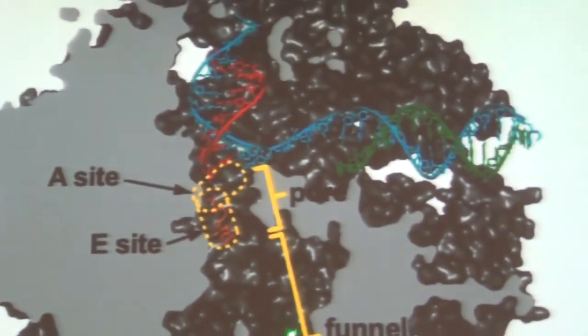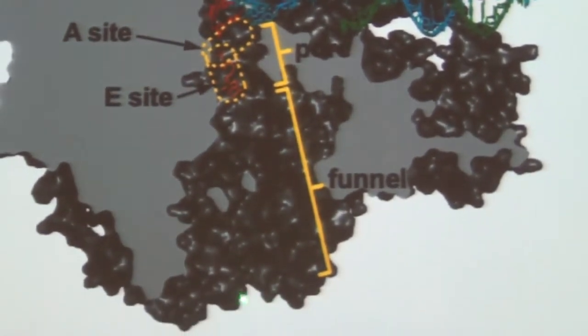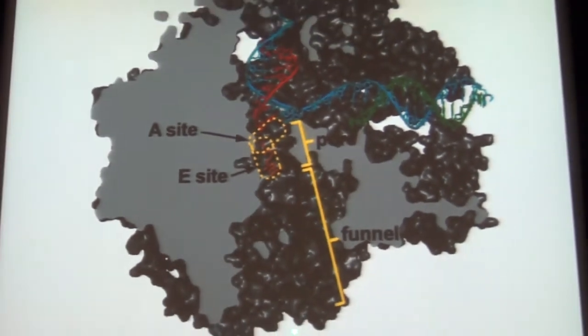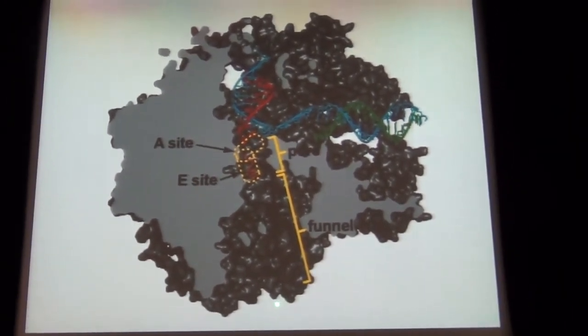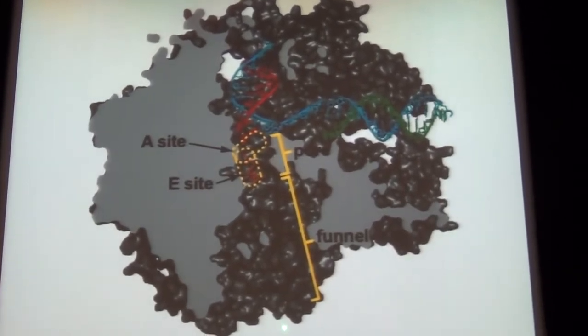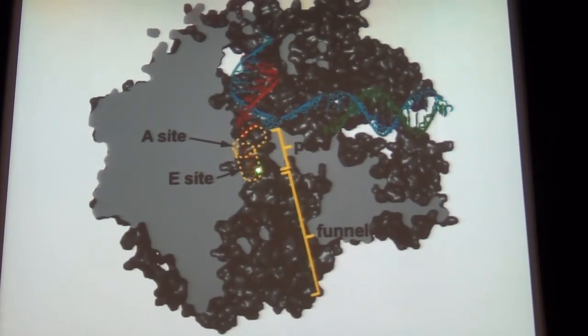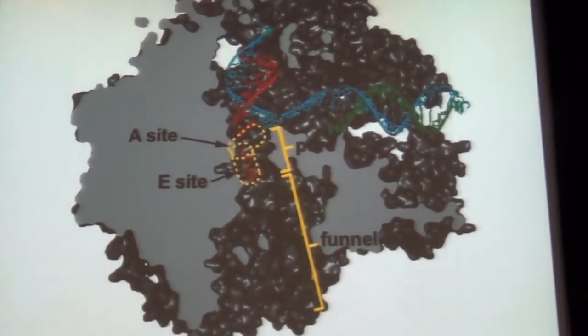But what you can further appreciate from this slide is that there is a hole that passes all the way through the enzyme, from the bottom to the top. It is through this channel that the nucleoside triphosphates, the substrates for the formation of the RNA, enter. They first contact the enzyme at a so-called E or entry site.